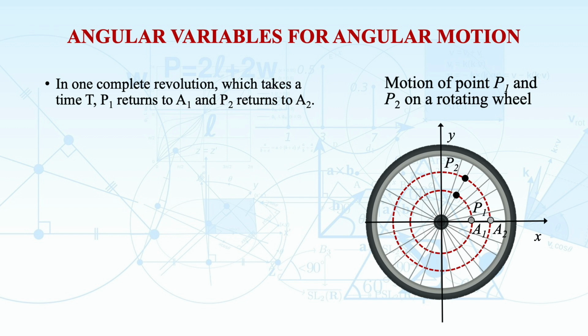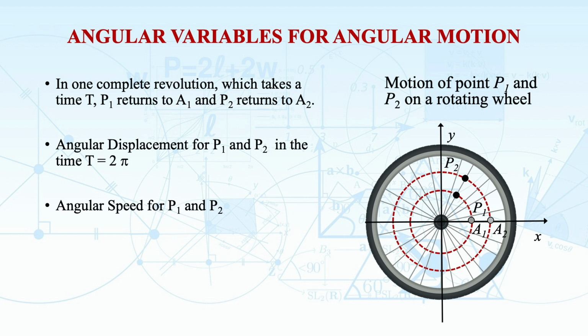So P1 comes back to A1, P2 comes back to A2. Suppose the time taken for this single revolution is t, and since both of them come back to their starting points at the same instant, this time is the same for both P1 and P2.